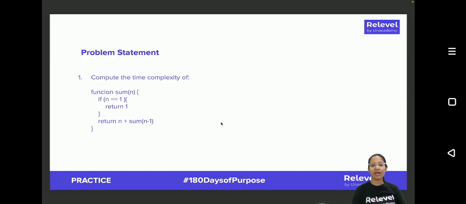This is simply a logic for adding n numbers, so the moment you reach n equal to 1, you return 1. As a typical code, this has a base case, some recursive calls, and some self work as well. So let's do a proper analysis and see how we can compute the time complexity of the given code.